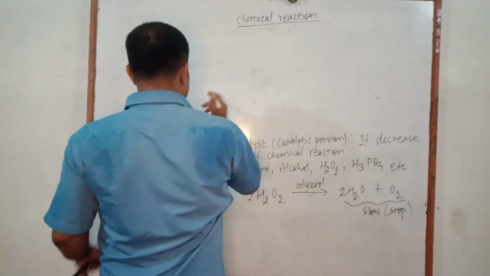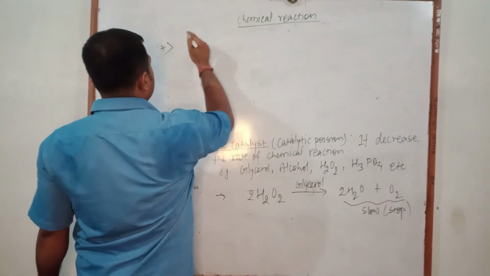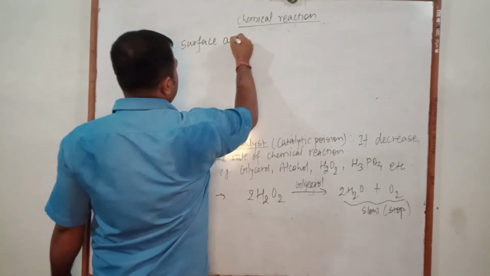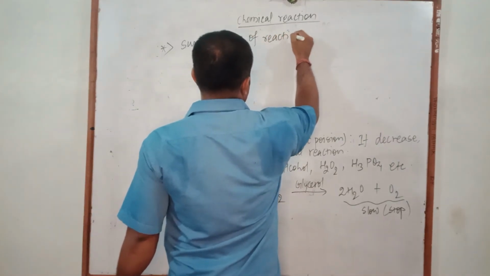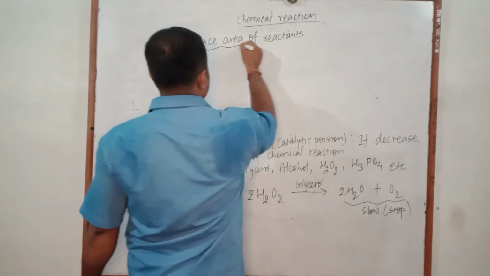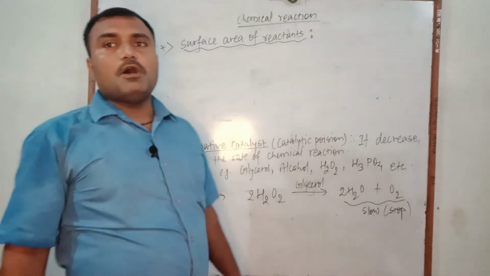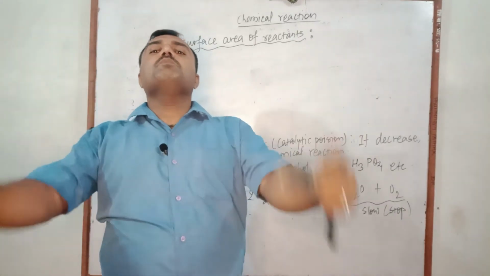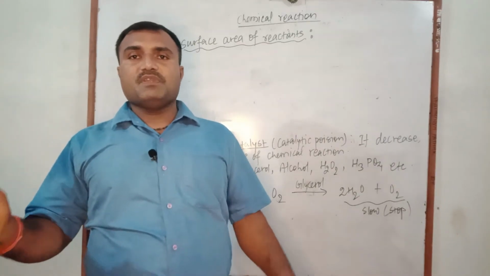Next other factor is the surface area of reactants. Listen. Surface area of reactant molecules is the most important factor on which the rate of chemical reaction depends.